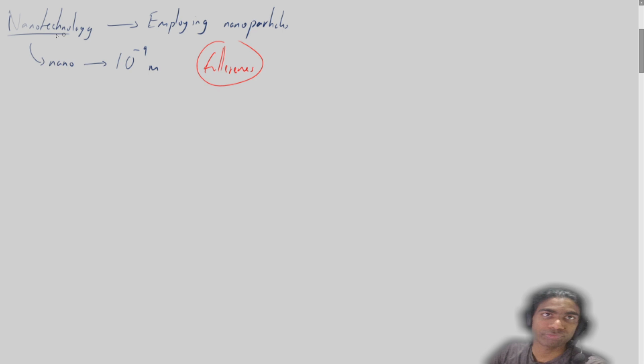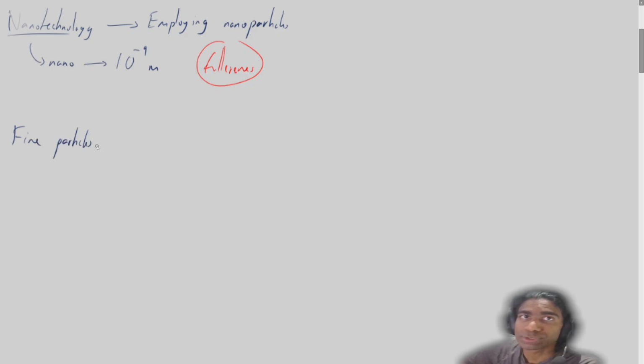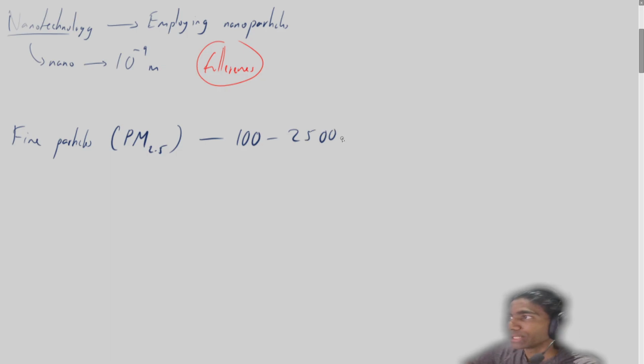Okay, so for instance, like I discussed earlier, you could use fullerenes to treat cancer potentially. You could also use fullerenes to deliver certain kinds of chemicals, and you could also use fullerenes to conduct electricity, right? Just so you're aware of it as well, for nanoparticles, we have a scale for this, where fine particles, which we call PM 2.5, have diameters in the range of 100 to 2500 nanometers.